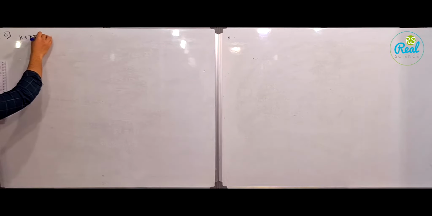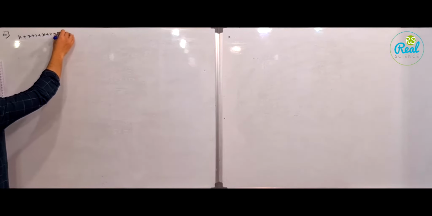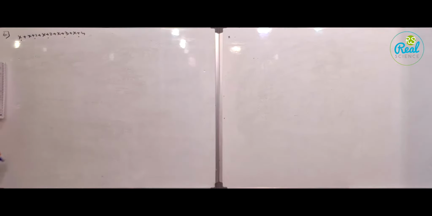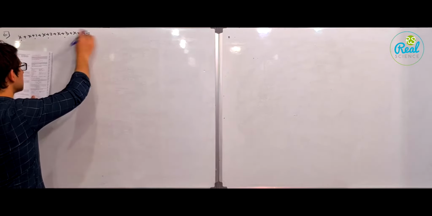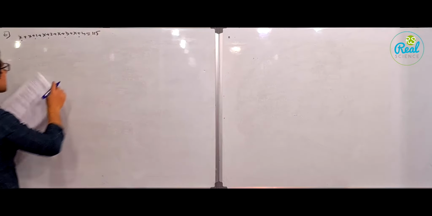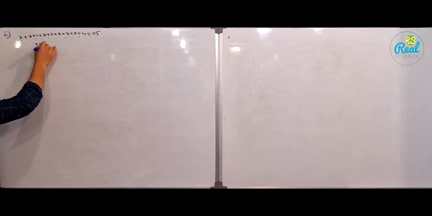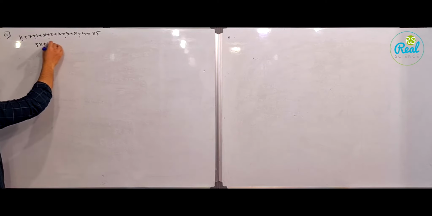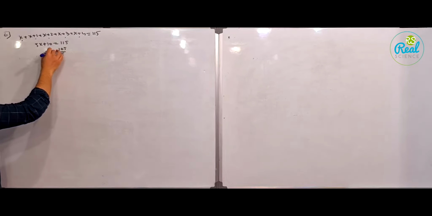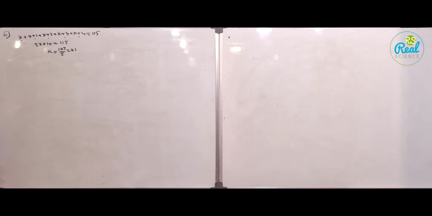Then the next one x plus 1, then x plus 2, then x plus 3, then x plus 4. They are 5 consecutive numbers. The sum of these 5 consecutive numbers equals 150, right? So 5x plus 10 equals 150, then 140 divided by 5 is the value, 28, right?